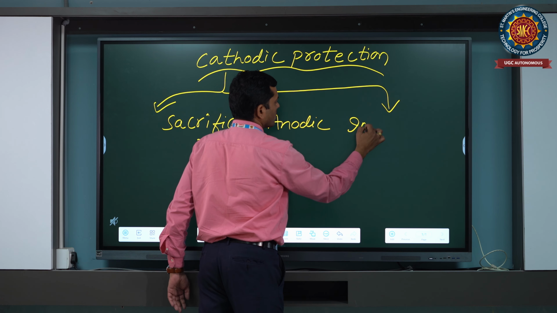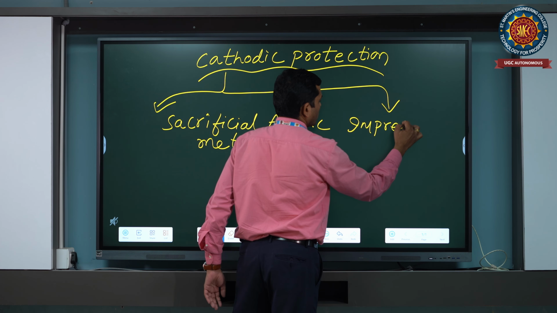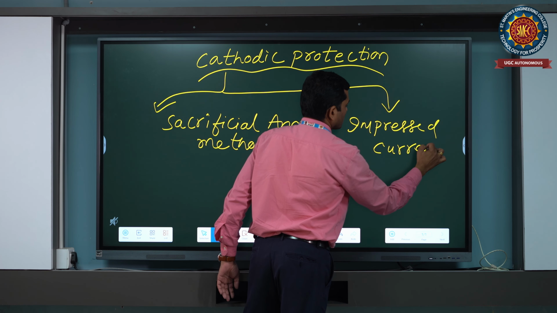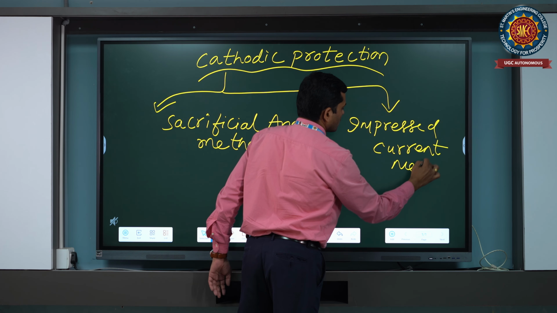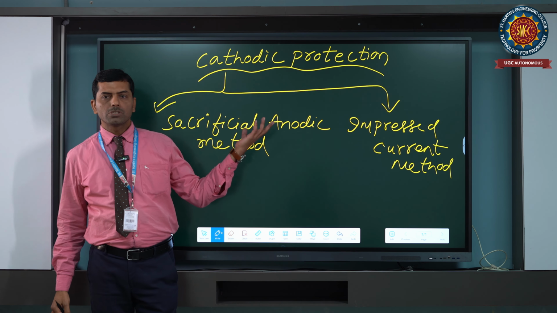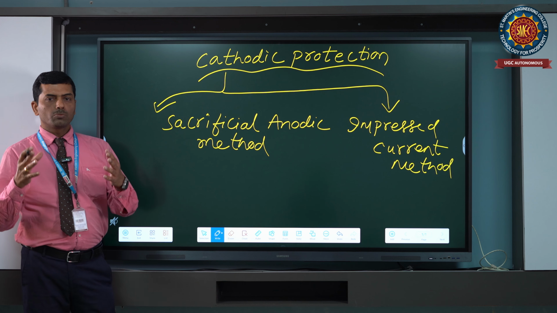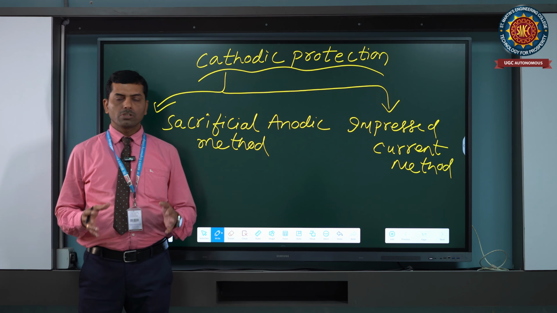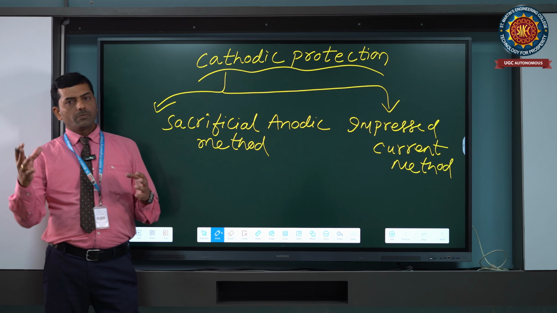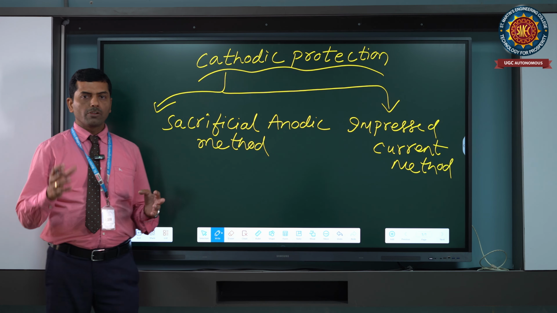Next, the impressed current method. These are the regular methods we follow to protect different types of infrastructure, underground pipelines, and also transformers and electrical equipment.